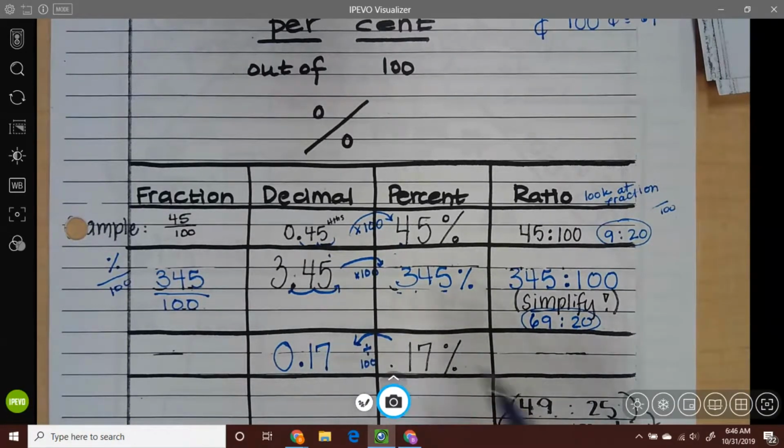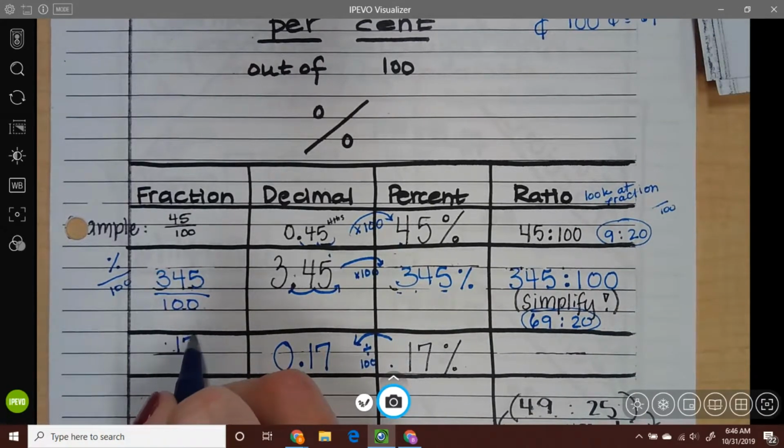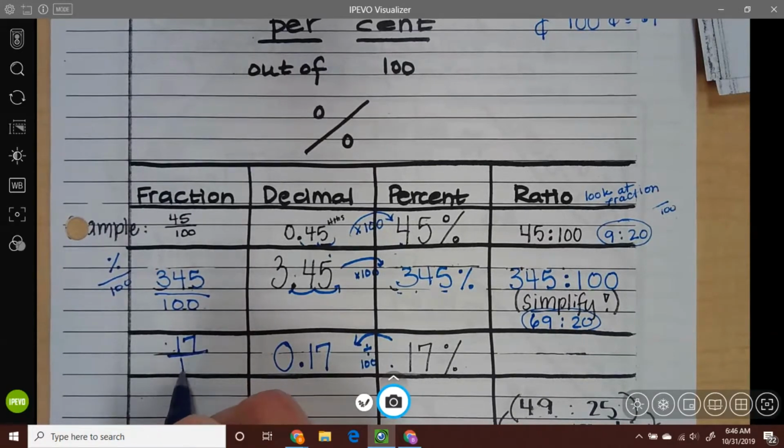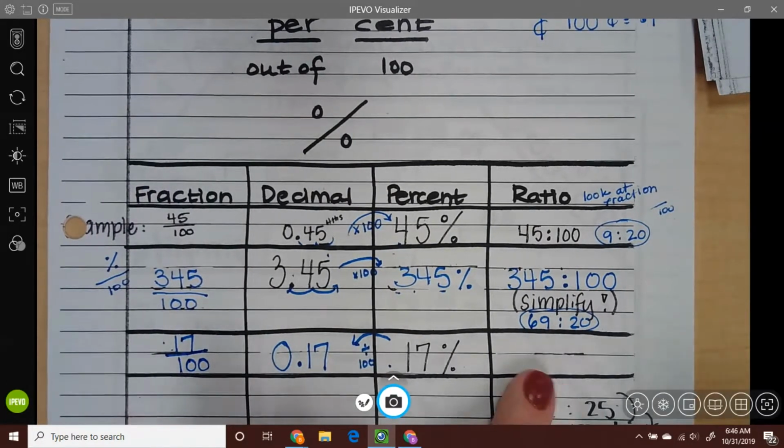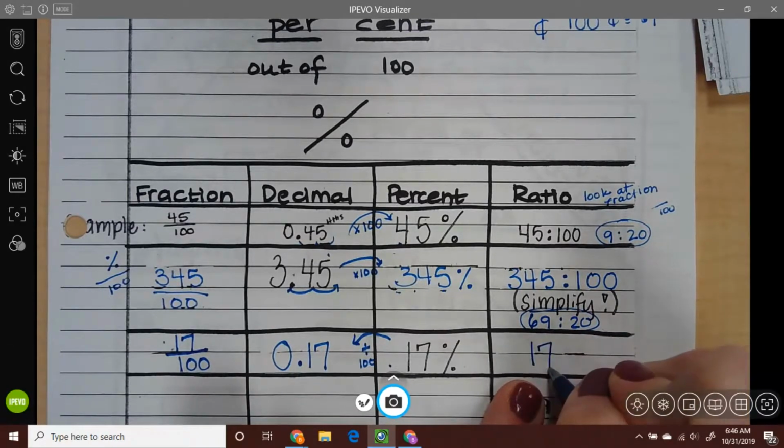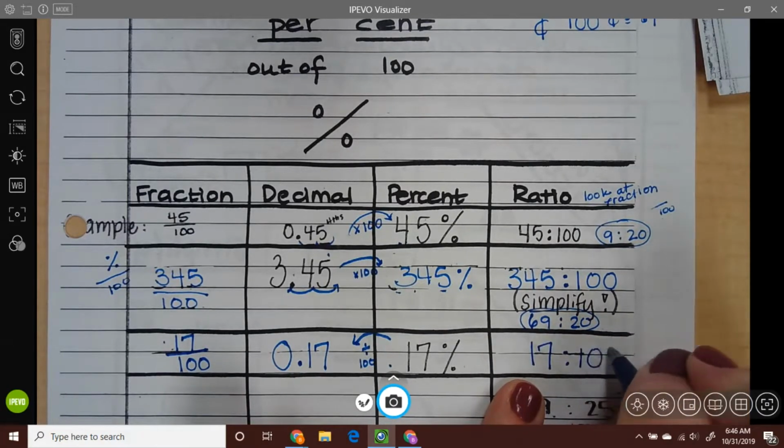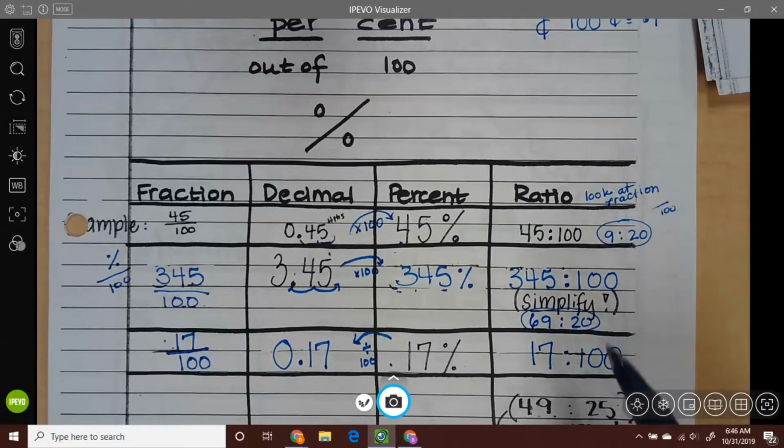And then if I say 17 hundredths, I can get my fraction by just reading it, 17 hundredths, which then gives my ratio of 17 to 100, which I can't simplify because 17 is prime and is not a factor of 100.